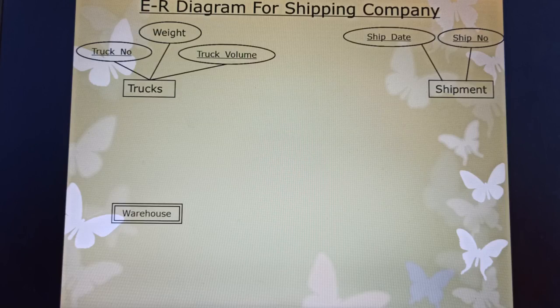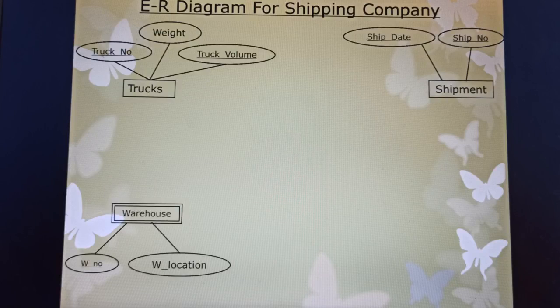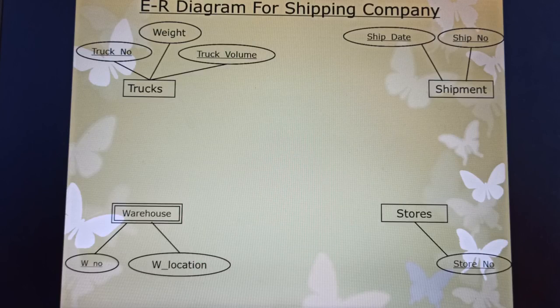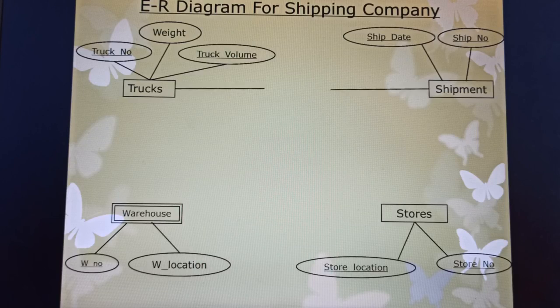The next entity is warehouse, which is a dependent entity, therefore it is known as a weak entity set, and we represent it using a double rectangle. Warehouse is identified using warehouse number and location. And the last entity is stores. Stores are identified using store number and store location.